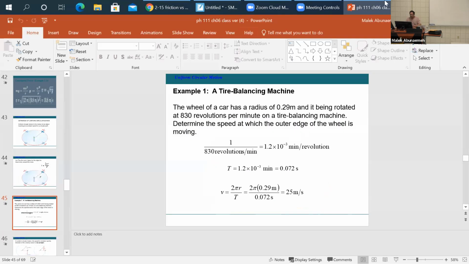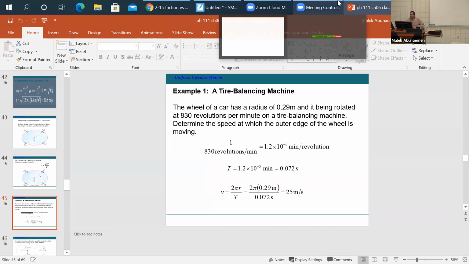So let's say we have a question. A wheel of a car has a radius of 0.29 meters and rotates at 830 revolutions per minute. That means rounds per minute, so you flip it to find how many minutes per round.